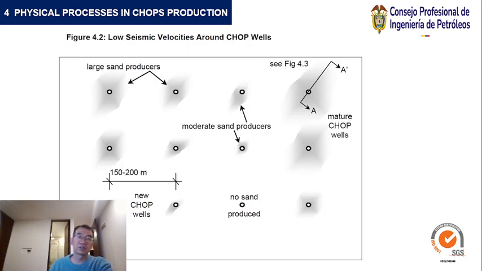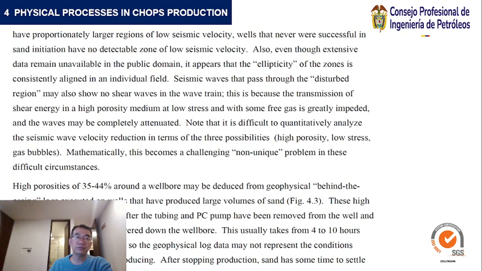This figure shows us low seismic velocity around CHOPS wells that have probably larger regions of low seismic velocity.